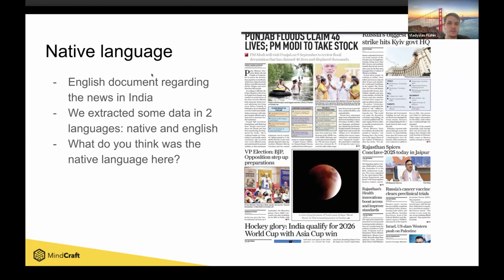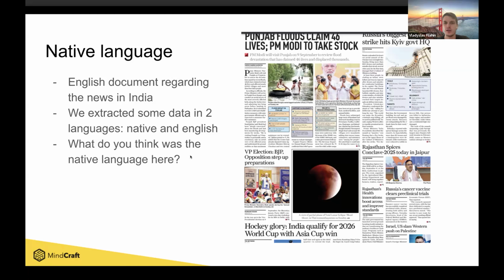Yeah, it happened to be an India newspaper. Our task was to extract some data into different languages. One was English and the second one was the native language. And what do you think was the native language here? It happened that in the English section, the English output from the model, we obtained correct English data. And in the native field, most of the time we obtained English.